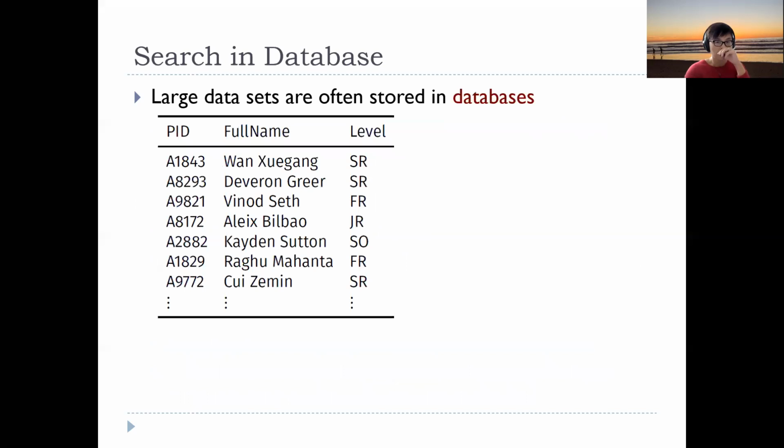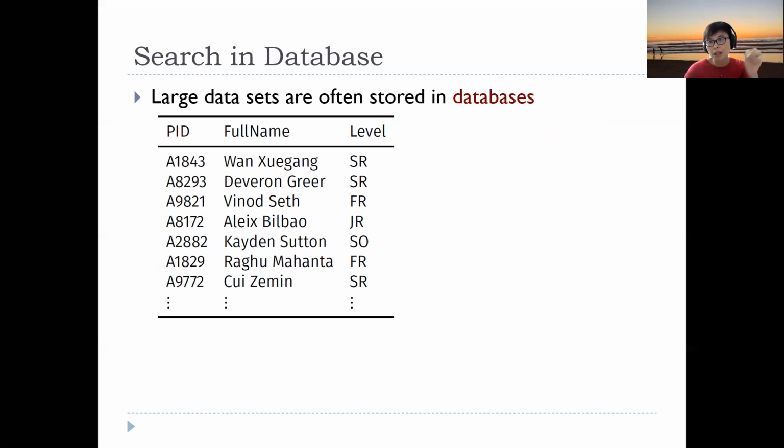Before I get to that, here's a more real example of why we care about search. In general, large data sets are often stored in databases. Each entry, for example here for students, has the ID, the name, and the level, the year in the university. In general, they are indexed by some key.